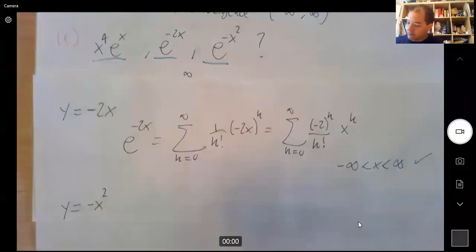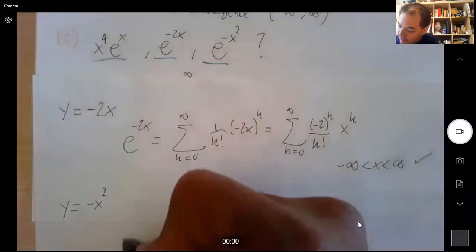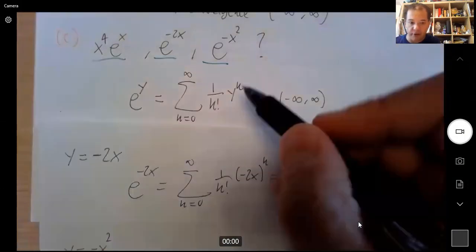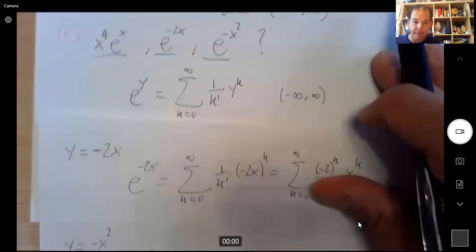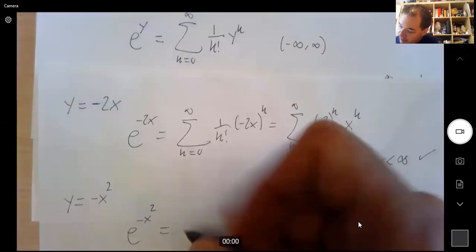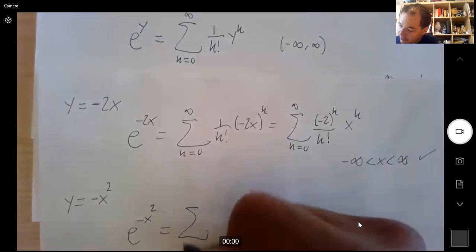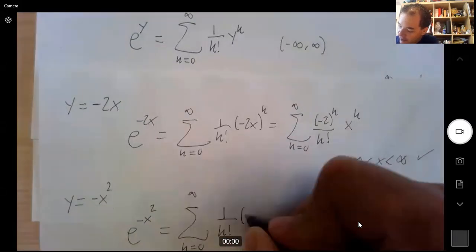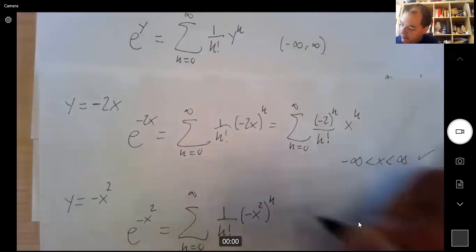So e to the negative x squared will be, here's the expression that we're copying it from, the sum from 0 to infinity, 1 over k factorial, negative x squared to the power k.